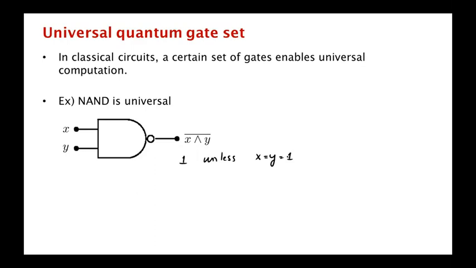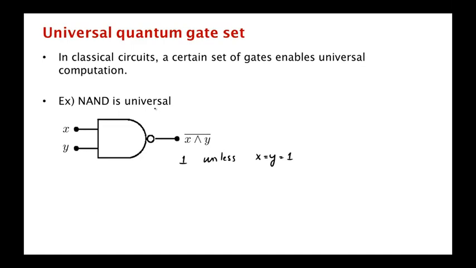So the claim is that no matter how complicated a circuit you're trying to create, you can always assume that you have only one kind of building block, which is a NAND gate. The way one expresses this fact is by saying that the NAND gate is universal for classical computation. So now we can ask, is something like this true also for quantum computing?